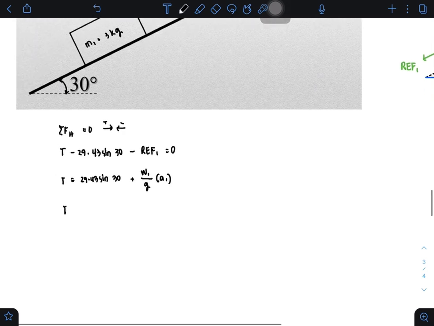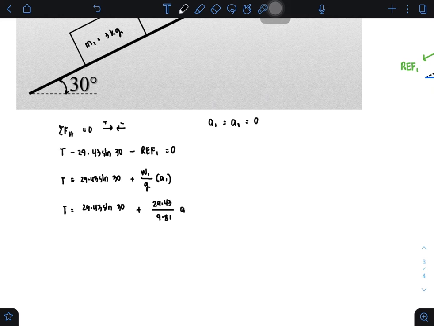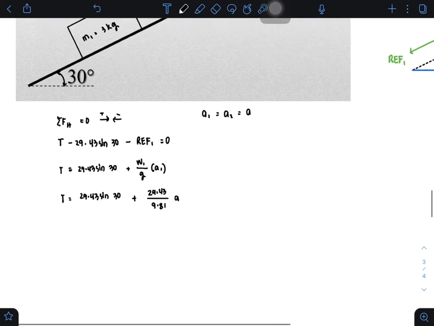So you have T equal to 29.43 sine of 30 plus 29.43, the weight, divided by 9.81 times the acceleration of the first block. Anyway, the acceleration of the first block is equal to the acceleration of the second block, or the acceleration of the whole system. Okay, so this is our equation number 1.